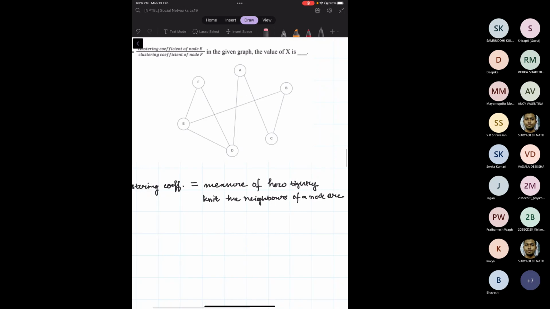So the mathematical formula for clustering coefficient is the ratio of edges among neighbors by possible edges among neighbors.